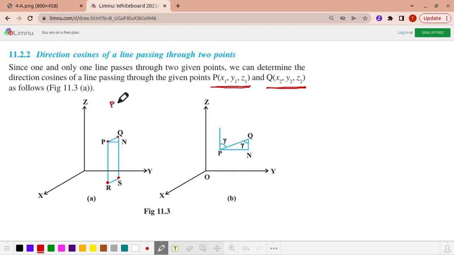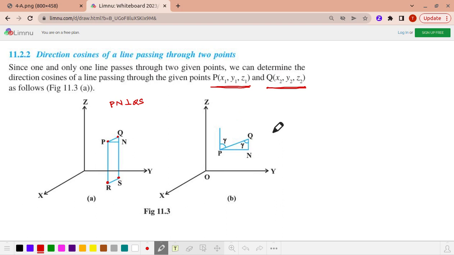Now, dear students, the triangle PQN in the left hand side diagram is a little small, so we have taken it larger in the right hand side diagram, PQN, as you see here.